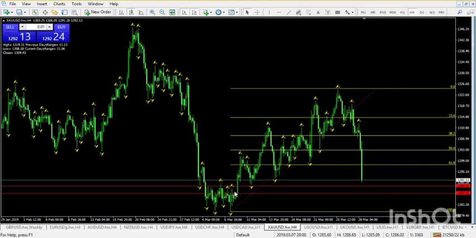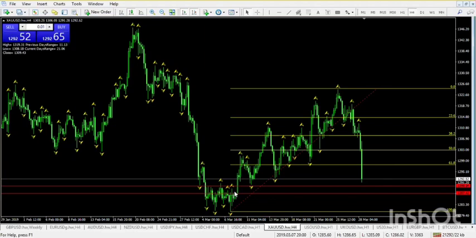Isn't it going to reach the 100 level? Not right now. When you have a breakout, it's going to reach the 100 level. What do you mean by a breakout? I'm talking about the Fibonacci breakout. You see, you have a 78 and 89 level right here. So they have to be broken first, and then it will reach the 100 level.